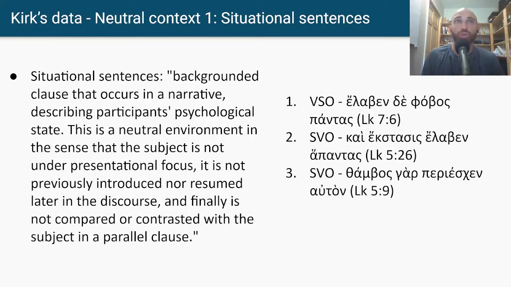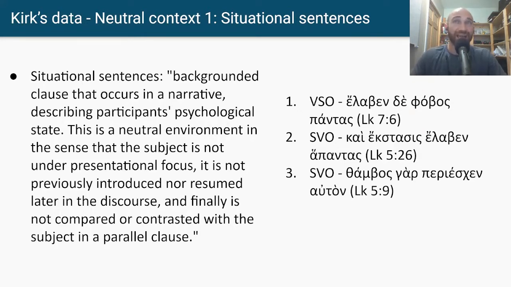This is a neutral environment in the sense that the subject is not under presentational focus, it is not previously introduced nor resumed later in the discourse, and finally is not compared or contrasted with the subject in a parallel clause. So all of those kinds of things might trigger movement. She doesn't say it would, but it might.